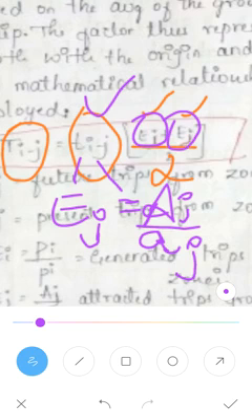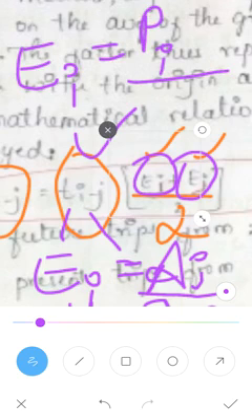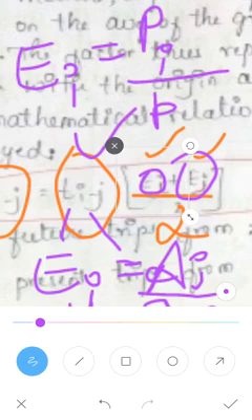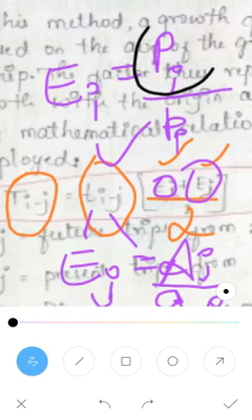So I told ei is equal to capital Pi divided by small pi. But what is this Pi?